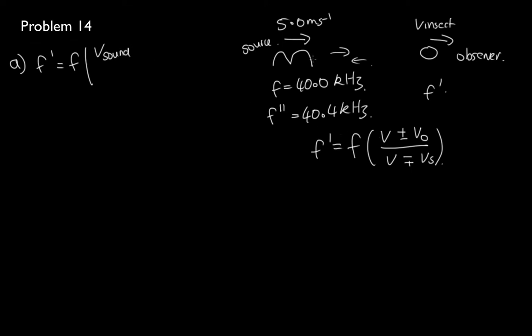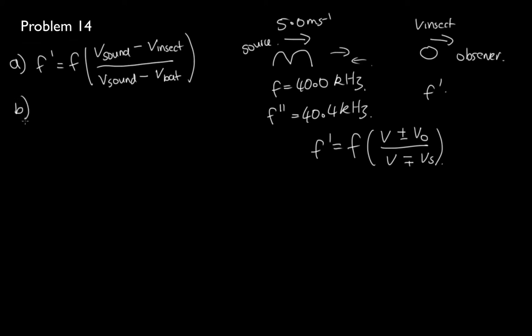In this case, the observer, which is the insect, is receding from the bat, so because it's receding, we need to use the bottom sign. Over the velocity of sound, and now in this case, the source is approaching, so we take the top sign, which is the negative, so minus V bat. And so that's the answer to part A.